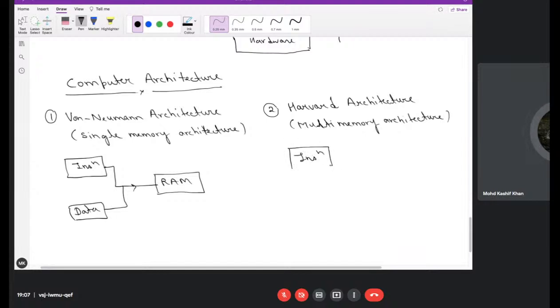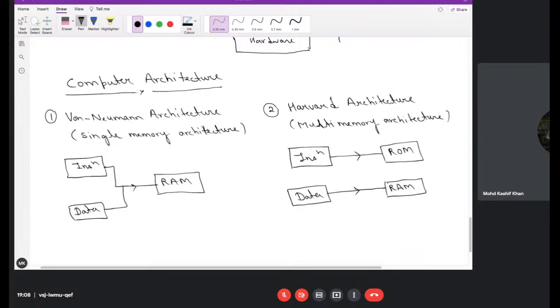The instruction will be stored in read only memory, and the data will be stored in random access memory.